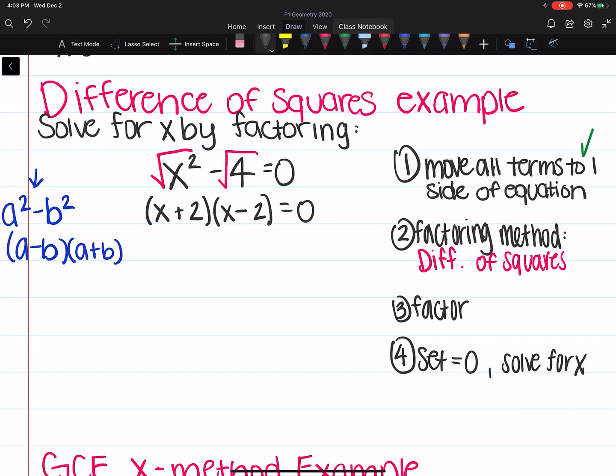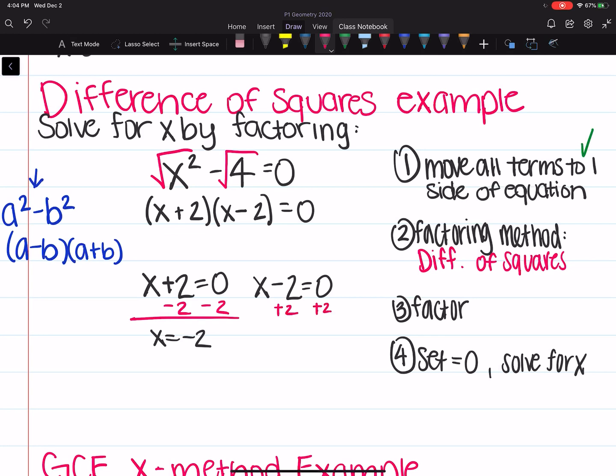Once I factor this, I want to set each of these equal to 0 and solve for x to find my solutions. So my 2 solutions of this quadratic equation are negative 2 and 2.